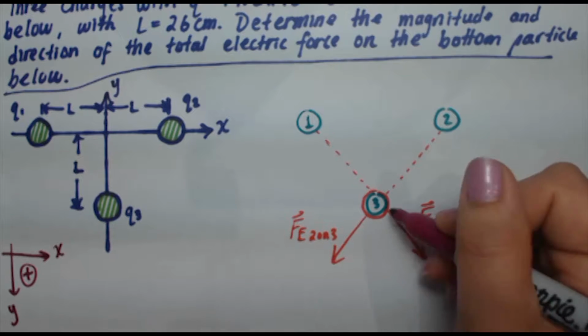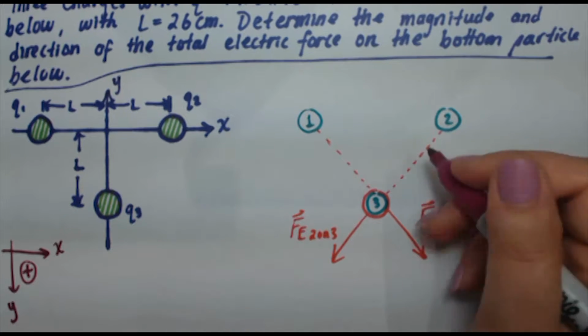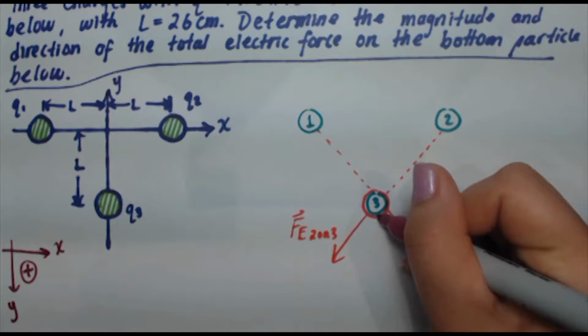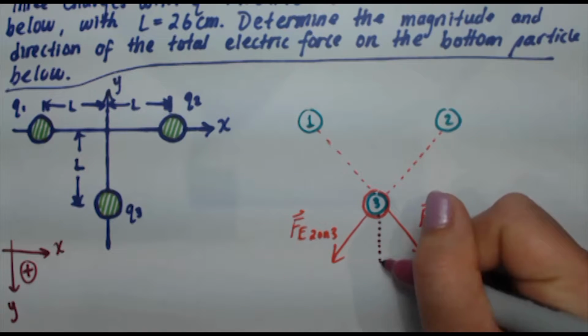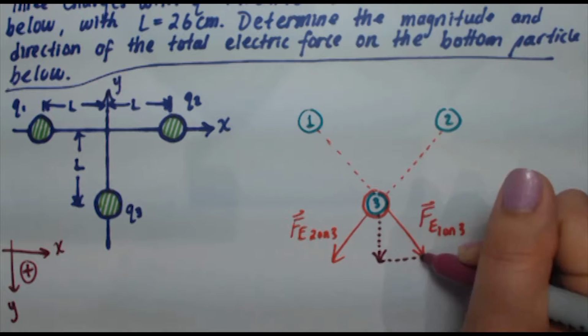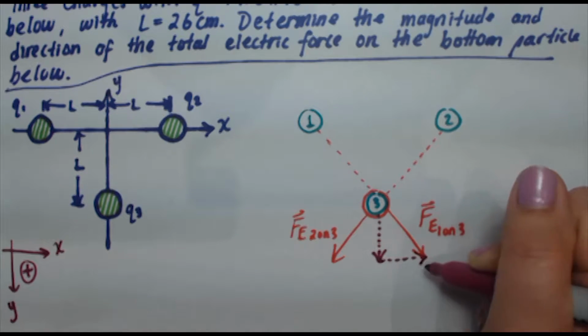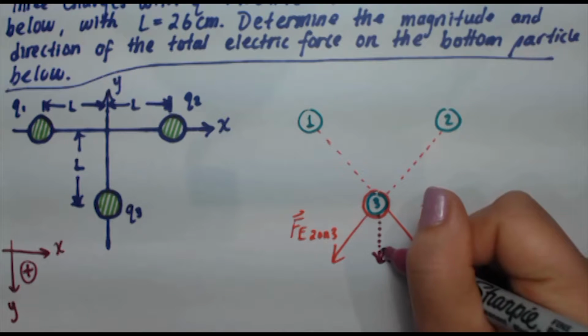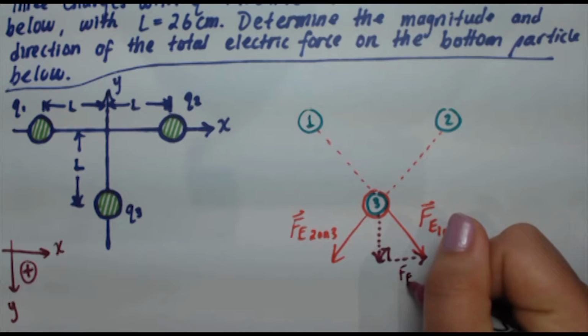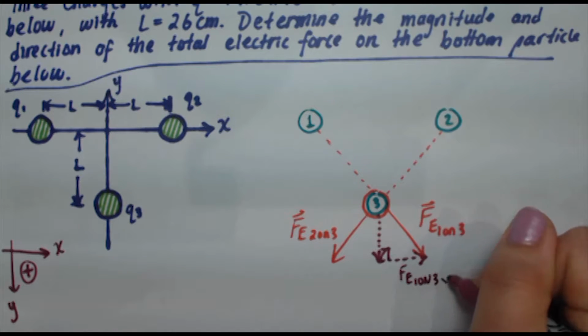Now let's take our electric forces and divide them into their components. For Fe 1 on 3, here is the vertical y component and here is the x component. The y component vector is going to go down. The x component vector is going to go towards the right. These two meet at a right angle like this. At the bottom here, we've got Fe 1 on 3x.